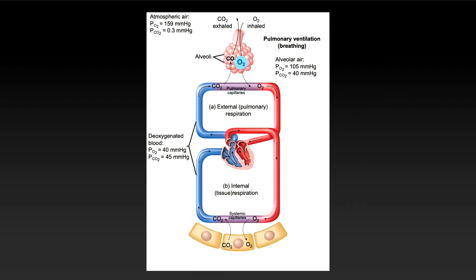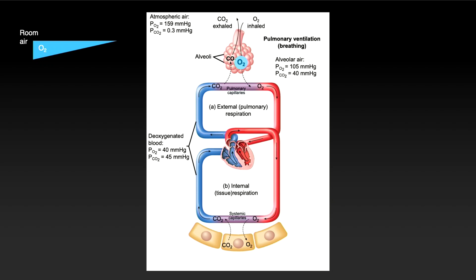Now I think trying to color the air within our airways and the alveoli is worthwhile. I think of it as a gradient, just a nice constant gradient from 160 in room air to 105 in the alveoli. Oxygen might look something like this. Depending on how you're breathing, as it moves through the trachea, the bronchi, all the airways, down to the alveolus, might be a nice, even distribution.